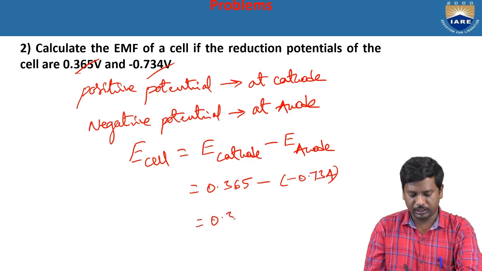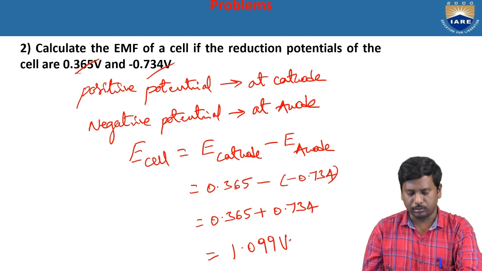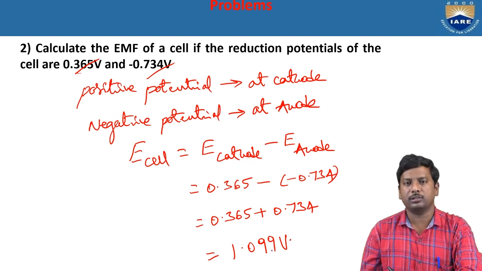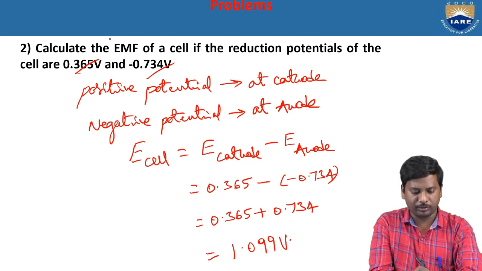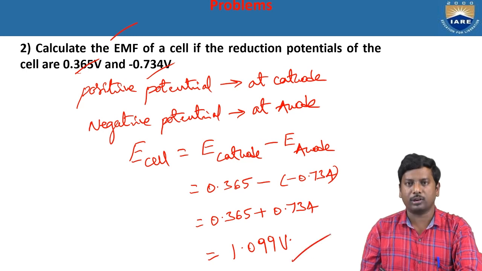That means 0.365 minus of minus, plus 0.734 volts. Finally we got 1.099 volts. So this is the solution for the given problem. The EMF of the cell is equal to 1.099 volts.